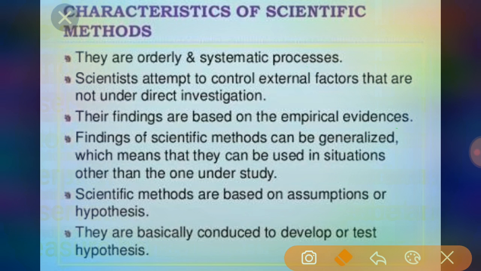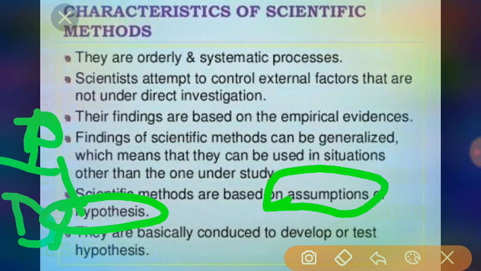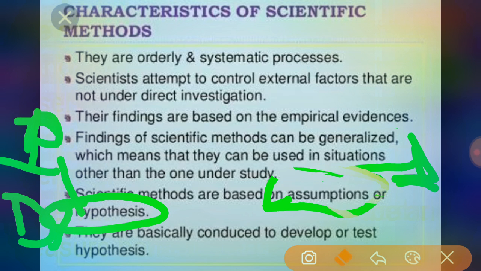Then the next one is that scientific methods are based on assumptions or hypotheses. Assumptions mean future expectations, and a hypothesis means predicting the relationship between two variables, either independent or dependent. Assumptions mean expecting the future. The researcher is able to expect.